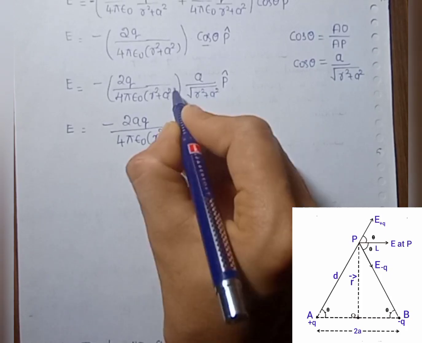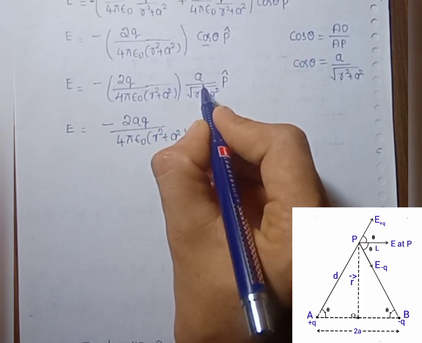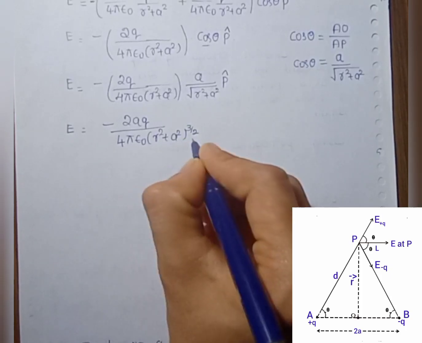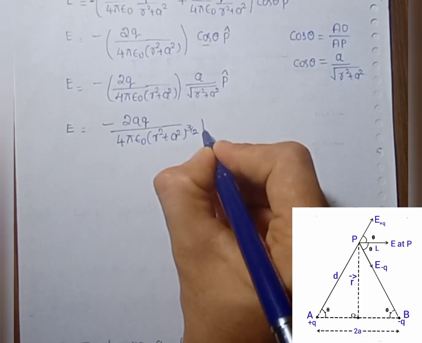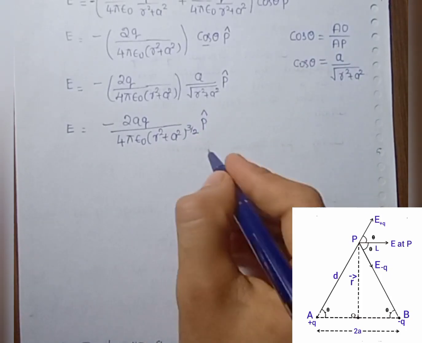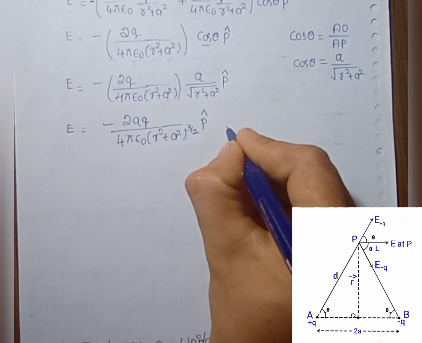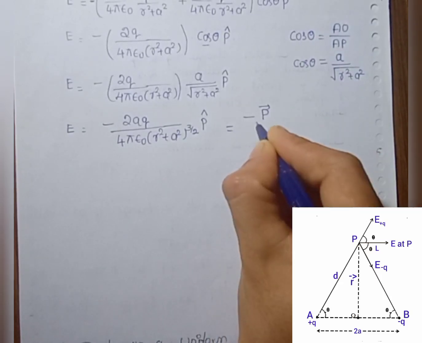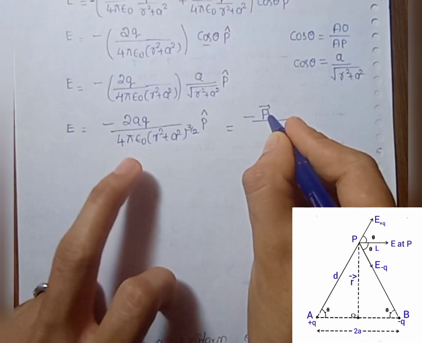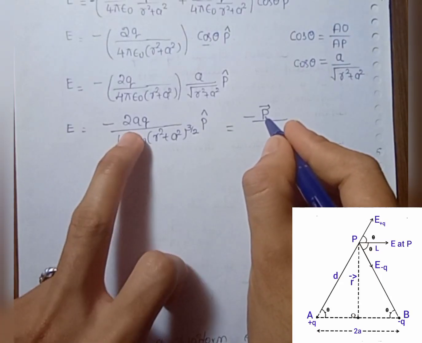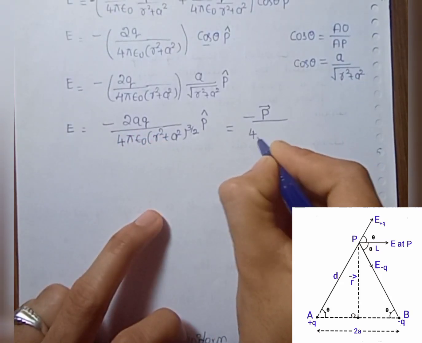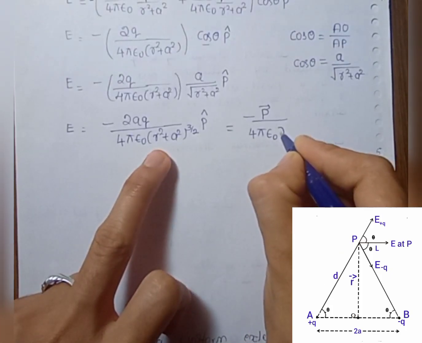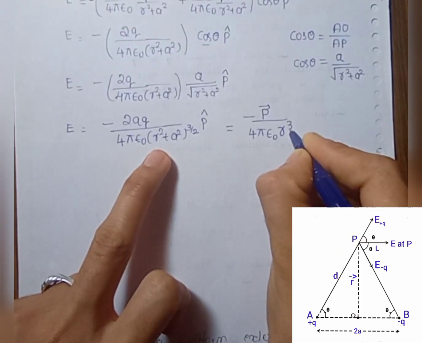Here it is 1 by 2, here it is 1. 1 plus 1 by 2 is 3 by 2. That one is R square plus A square raised to 3 by 2 P cap. And this can be written as minus electric dipole P, because electric dipole can be written as P is equal to 2AQ divided by 4 pi epsilon naught R cube.